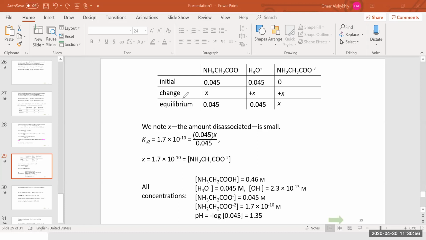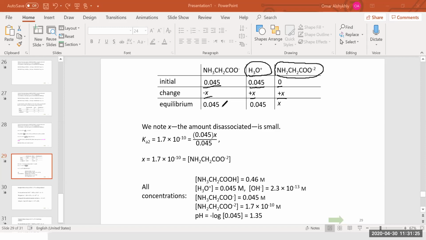Now the second dissociation equilibrium reaction was this, dissociating to give H3O positive plus NH2CH2COO negative. This was 0.045, which we get from the first dissociation. Here 0.045, here 0, minus x, plus x, plus x.